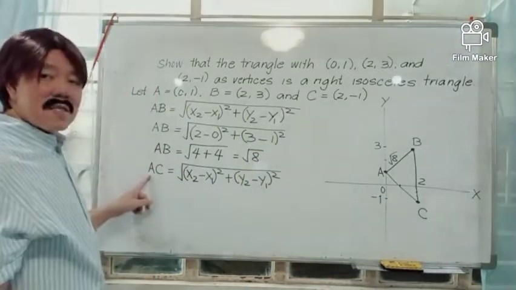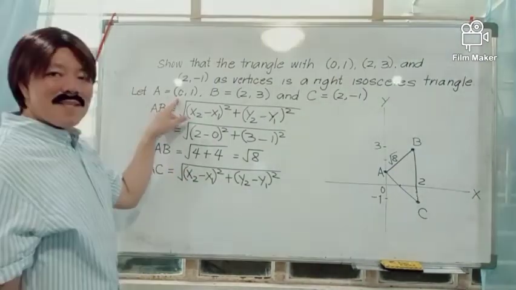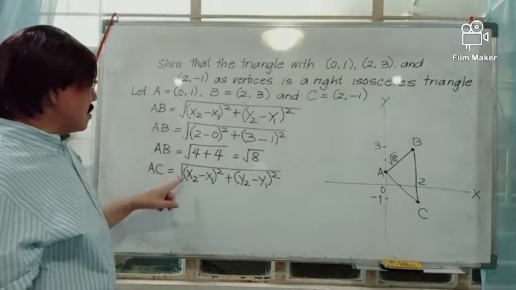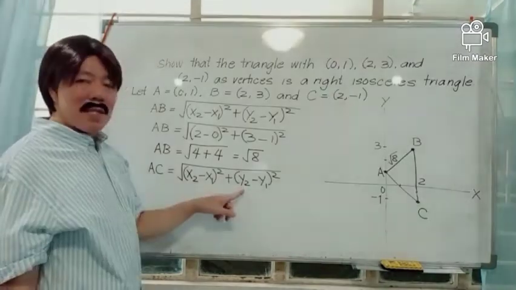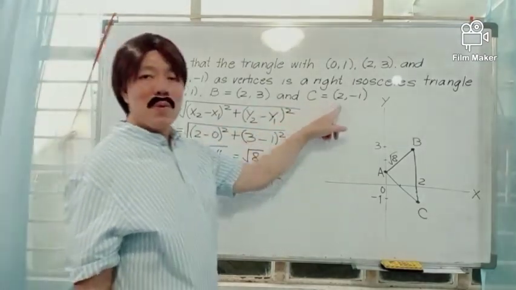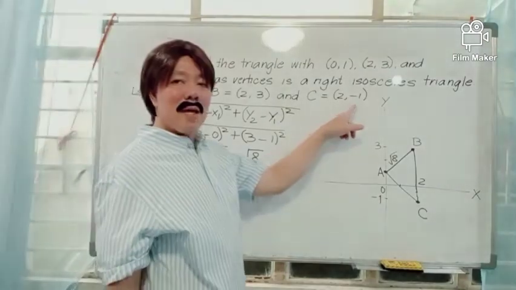We take A as the point x1, y1. Hence, x1 is 0, y1 is 1. And we take C with coordinates x2, y2. Thus, x2 is 2. And y2 is negative 1.